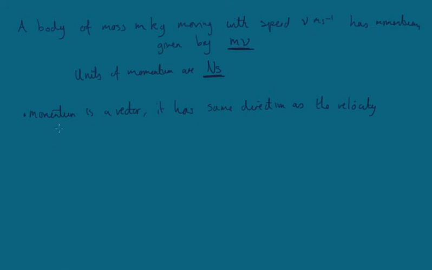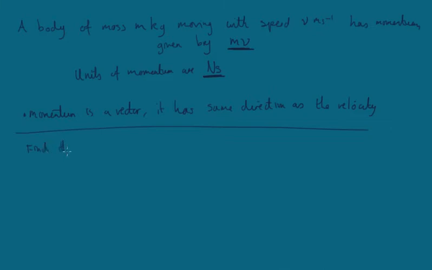And we're going to be considering just one-dimensional motion along a line, so you need to work out whether the momentum is positive or negative. Everything's going to be moving in a single line like what we've already been doing previously. So let's do a very simple example.